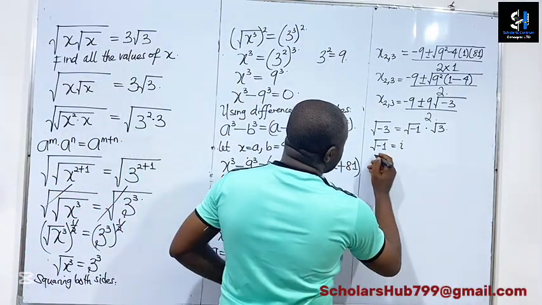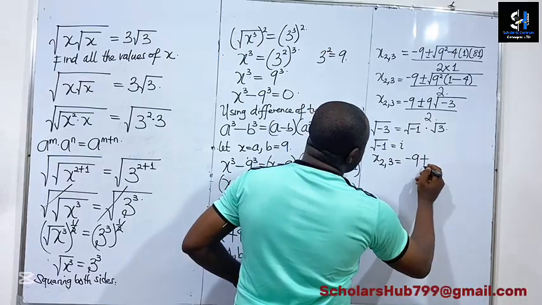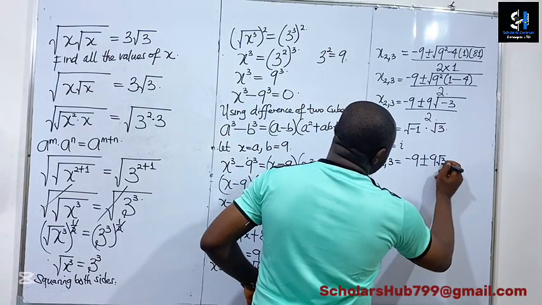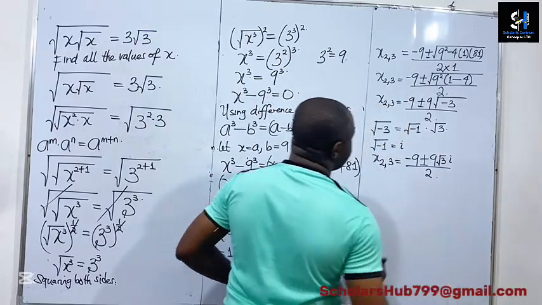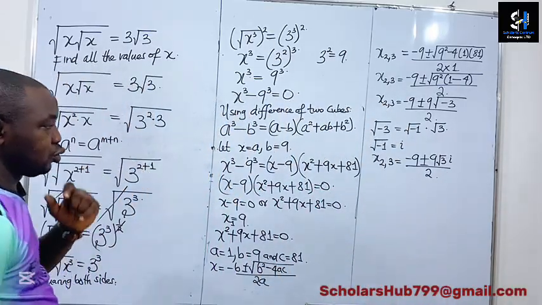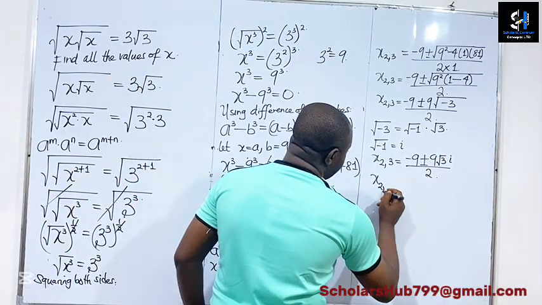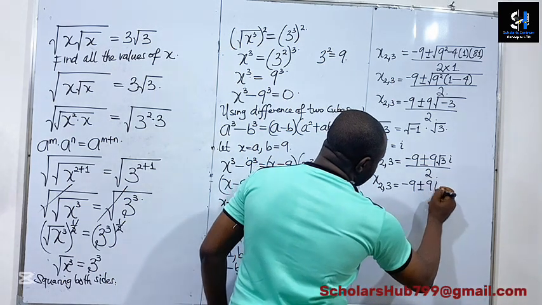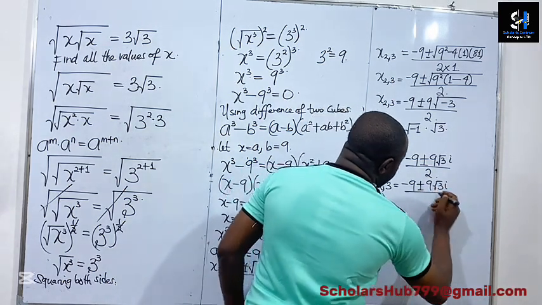So in this case, x2 and x3 will be equal to minus 9 plus or minus 9 root 3i, divided by 2.